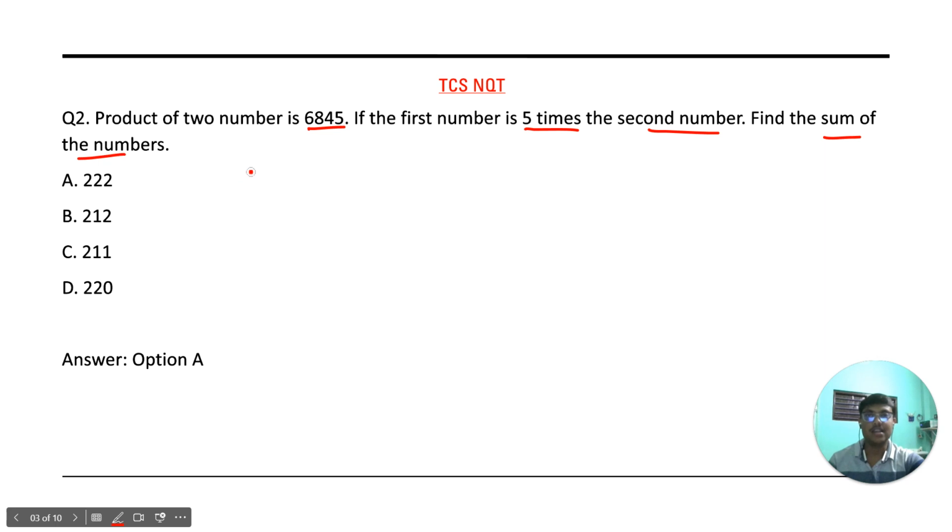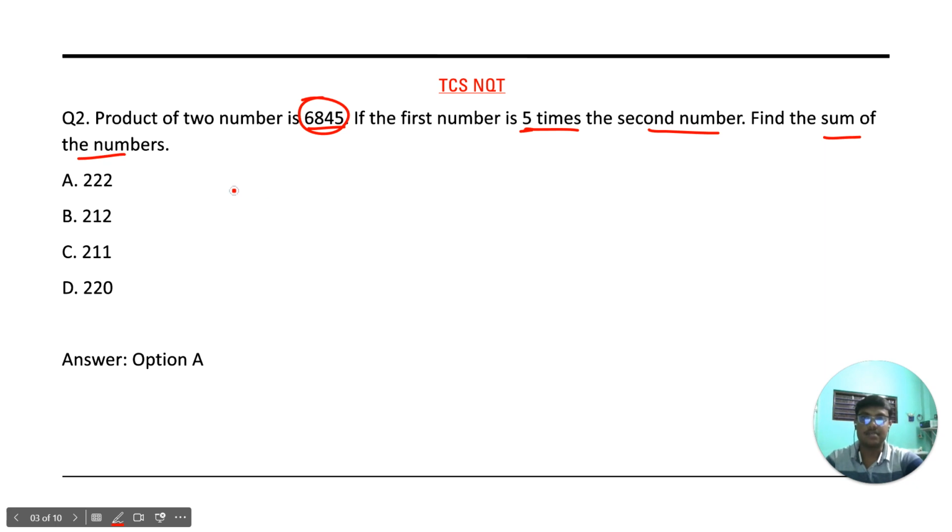This question was again asked on the 20th March shift, and the values used here are exactly what was given in the examination. So try to solve it by yourselves, and if you can solve it, then well done. You are very much eligible for the TCS NQT examination and can easily crack the examination, I believe.